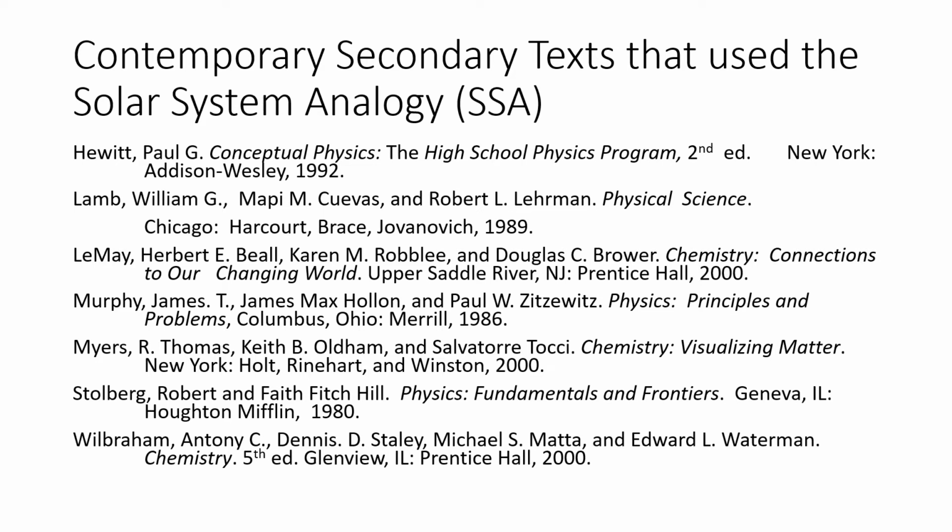And looking here, you see a lot of familiar, well-known textbook companies, some of which have been absorbed by others, but all of these: Addison Wesley, Harcourt Brace Jovanovich, Prentice Hall, Merrill, Rinehart and Winston, Houghton Mifflin. These are all well-known publishing companies.